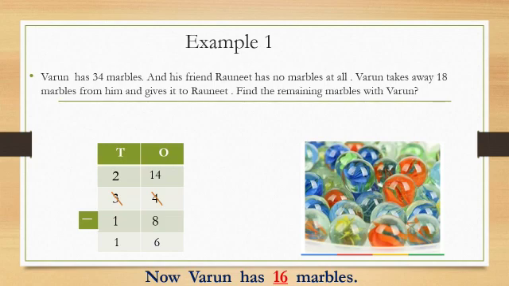Now 14 minus 8 is possible. Subtract it. The answer is 6. In tens column, 2 minus 1 will become 1. Therefore, the answer is 16 marbles. Now Varun has 16 marbles with him.